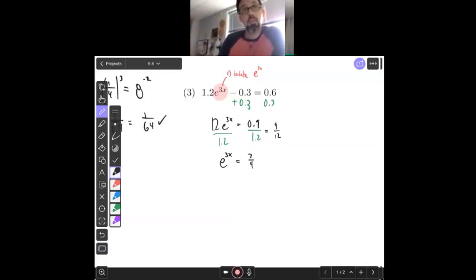All right, so our power is isolated. E to the 3x equals 3/4. So here's that key step. What do we need to recognize about our power that's going to affect our logarithm?